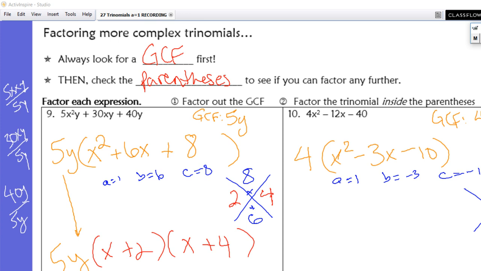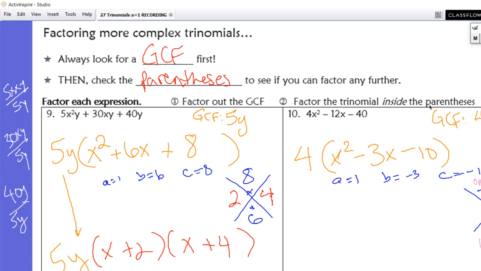A times c in this problem is negative 10, and b is negative 3. I'm noticing AC is negative, so I know I've got opposite signs. Again, that's because AC is negative. And b is negative 3, so I know that the larger is negative. I'm going to keep that in mind while I'm thinking through.